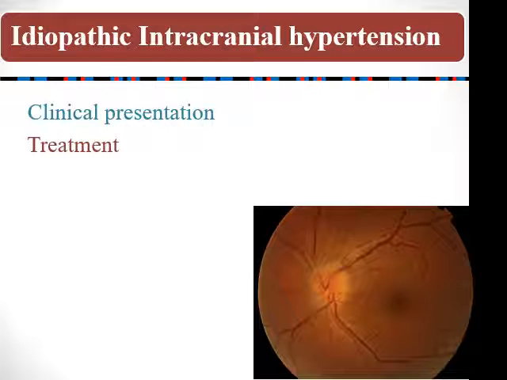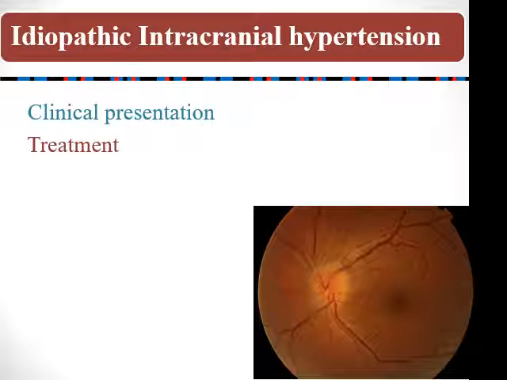Idiopathic intracranial hypertension was previously called pseudotumor cerebri or benign increased intracranial tension. The typical profile of this patient is a middle-aged, obese female.